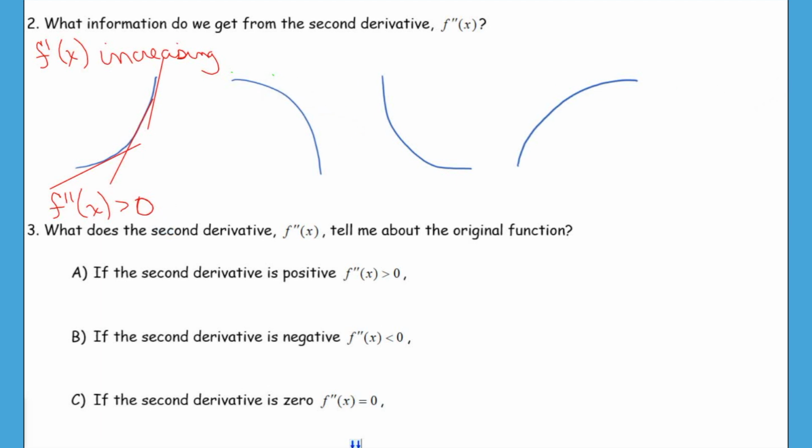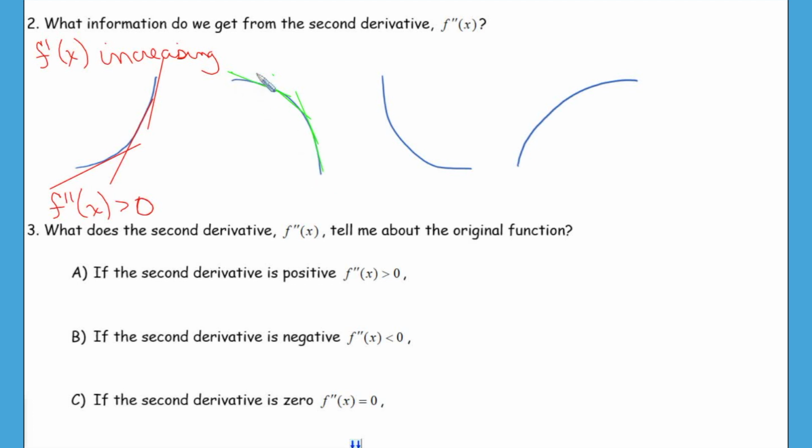So on this next one, I'm going to have to really think about this, and I'm going to change my pen color to green. I'm going to draw some little tangent lines here. When the slopes are negative, I have to really think about this, so think with me if you will. These tangent lines are negative, and they're getting steeper, but with a negative value.